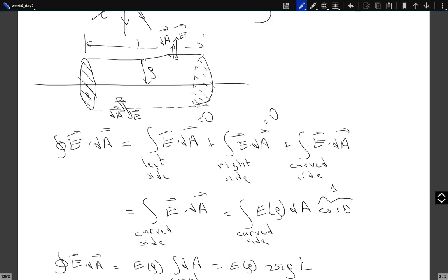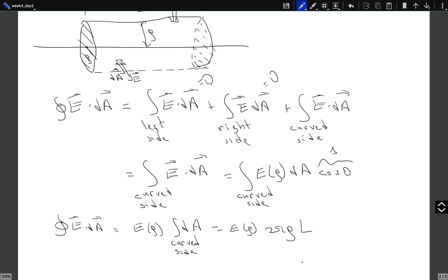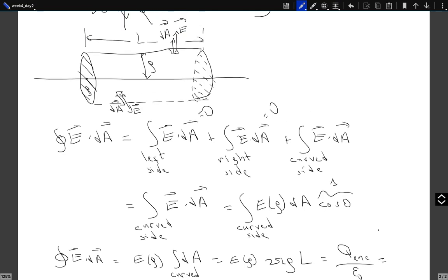Okay, so now we evaluated the left-hand side of the Gauss law. And what Gauss law stated is that if you evaluate this integral for an arbitrary surface, it should always be equal to the enclosed charge divided by epsilon 0. Now, what is the enclosed charge?